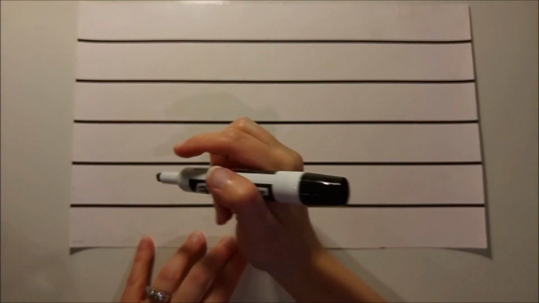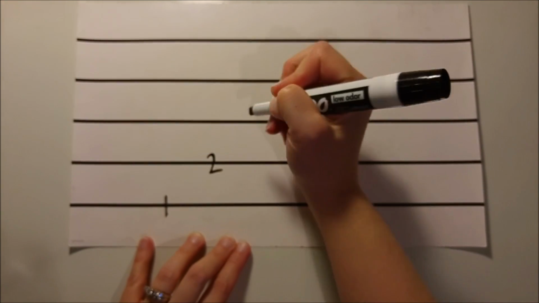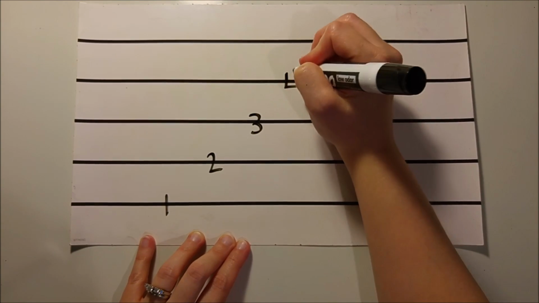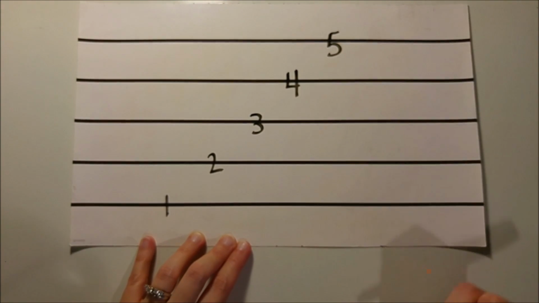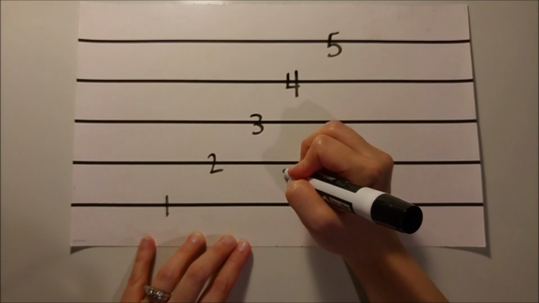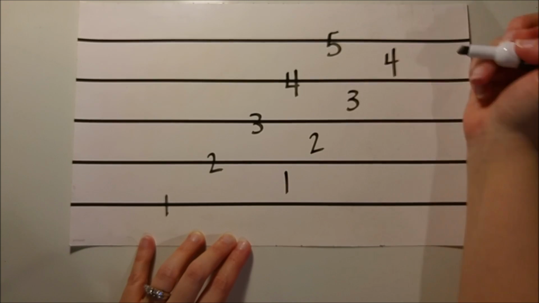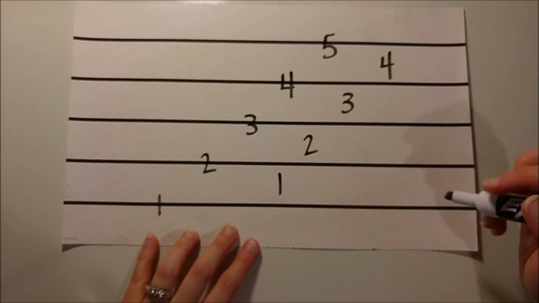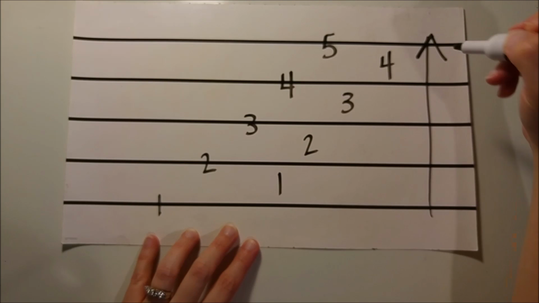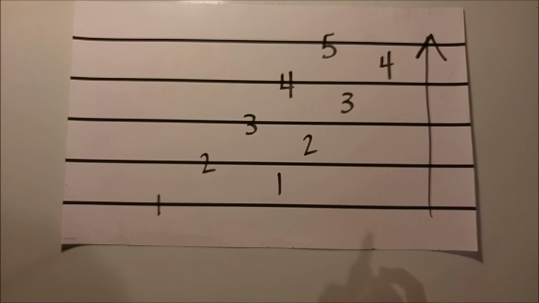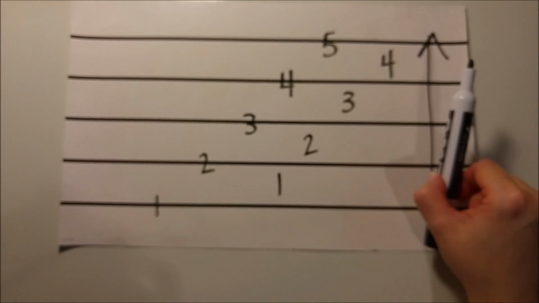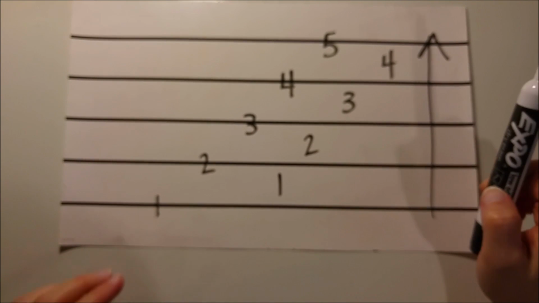The staff is this. It has 5 lines: 1, 2, 3, 4, 5 lines and 4 spaces: 1, 2, 3, 4. Now notice that I numbered these from bottom to top. Whenever we read the notes on the staff, we go from left to right, just like reading words.